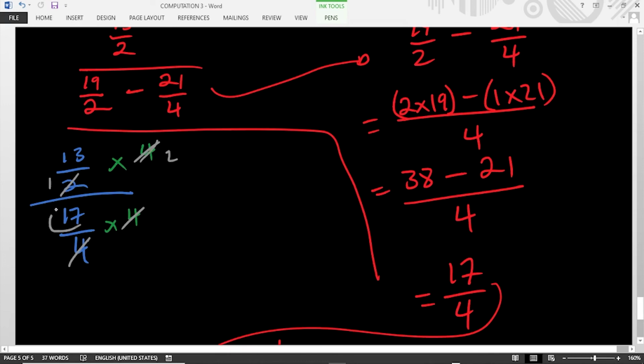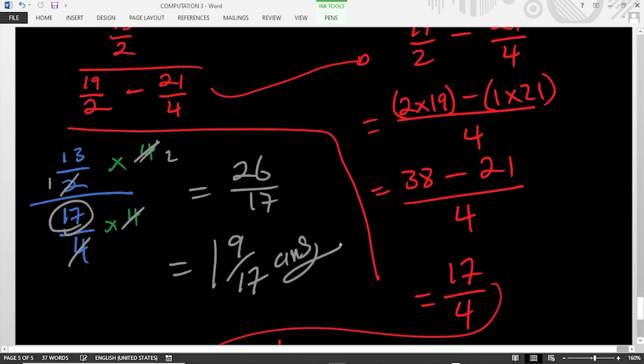So we would be left with 17 in the denominator, and 13 times 2 is 26, so we get 26 over 17. And converting that to a mixed number, we get 1, okay, and 26 subtract 17 would give us 9, so 1 and 9 over 17, and that is our answer.